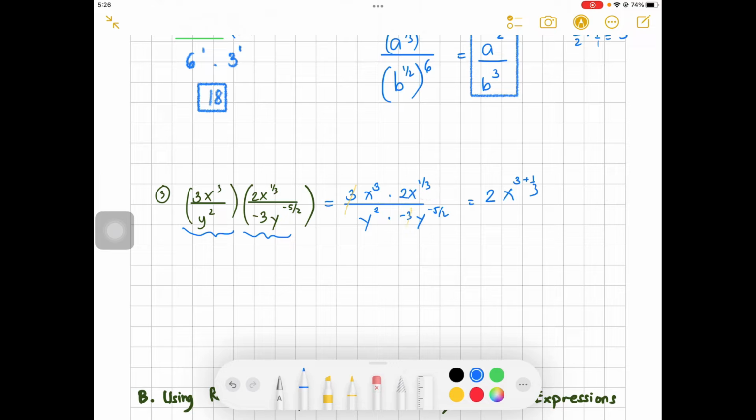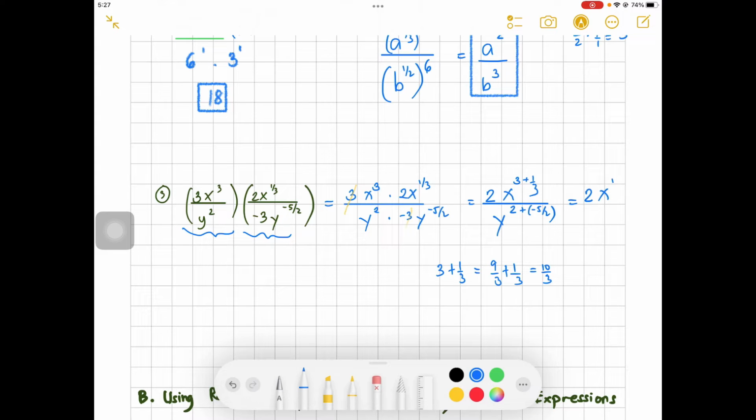Next, how about y? We can combine the exponents. 2 and negative 5 over 2. So y raised to 2 and then we add negative 5 over 2. Okay, so we simplify 3 plus 1/3. 3, that is 9 over 3. It's 10 over 3.